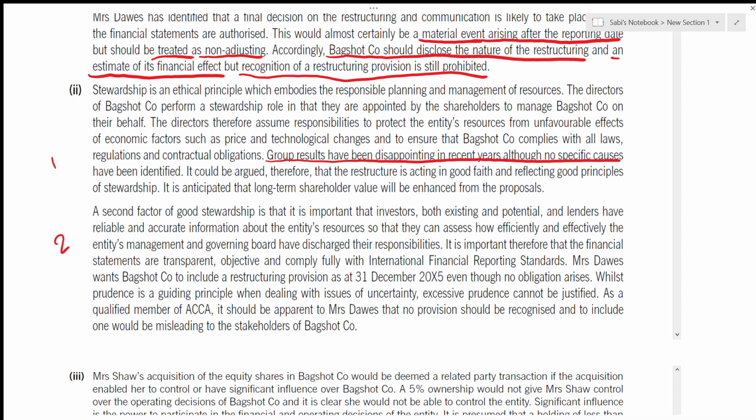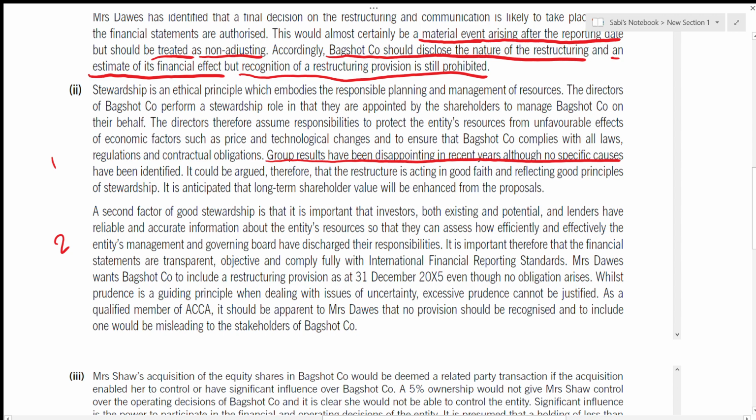of good stewardship is that it is important that investors, both existing and potential, and lenders have reliable and accurate information from the entity's resources so that they can assess how efficiently and effectively the entity's management and the governing board have discharged their responsibilities. It is important therefore that the financial statements are transparent, objective, comply fully with IFRS.